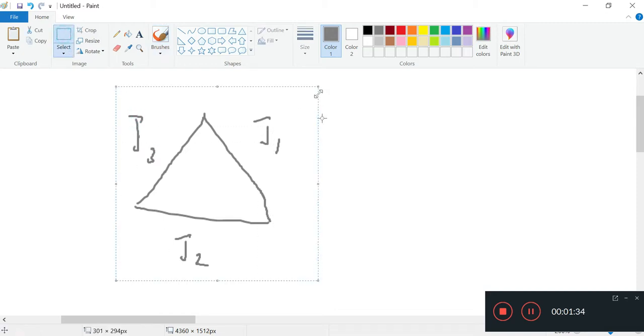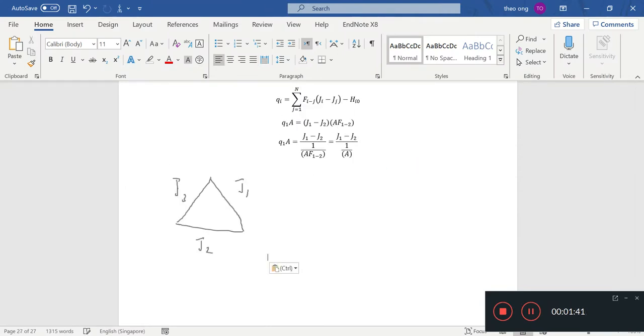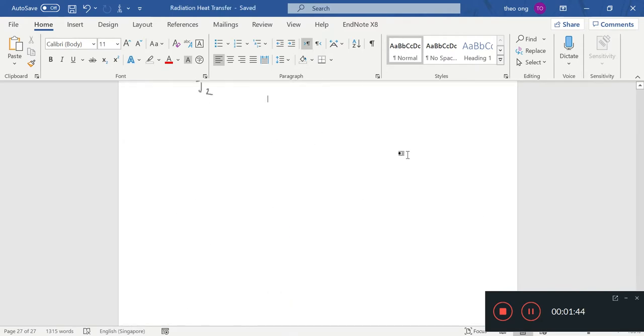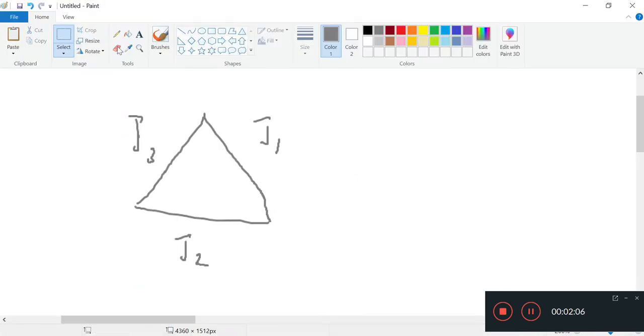Let's say we have this triangular kind of case. So all of a sudden, let's say there's emissivity 1, emissivity 2, and emissivity 3 over here. So what are the equations governing them? Let's try and draw an equivalent resistance network, and how is it being done? We'll go through that in this video.